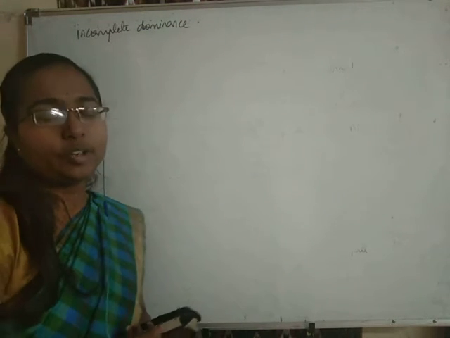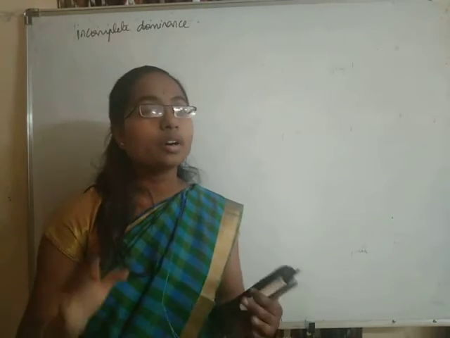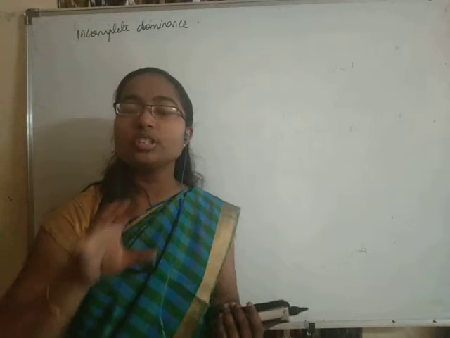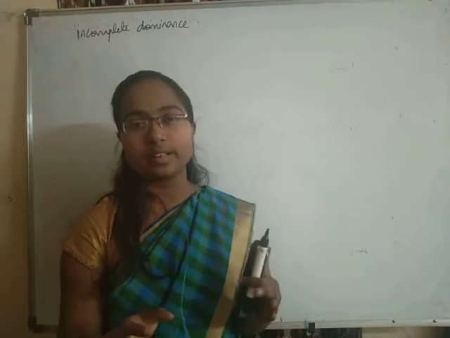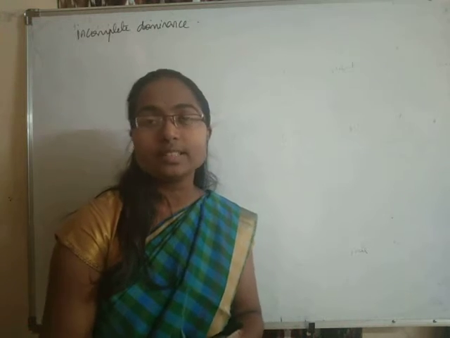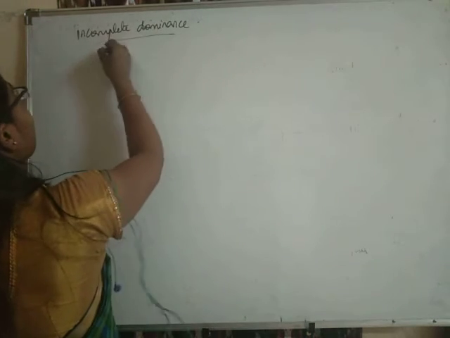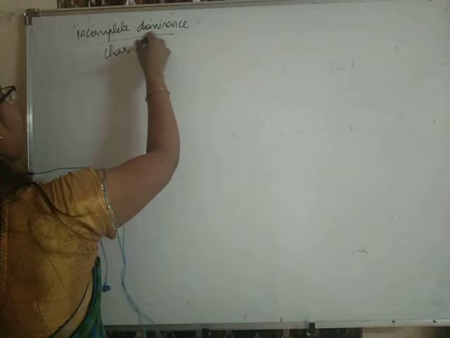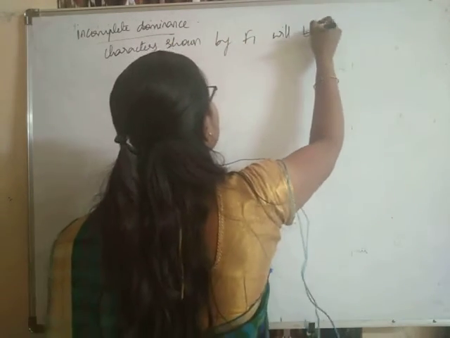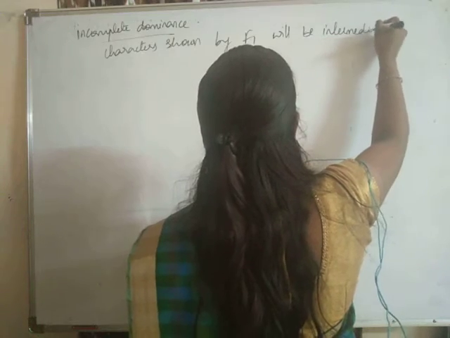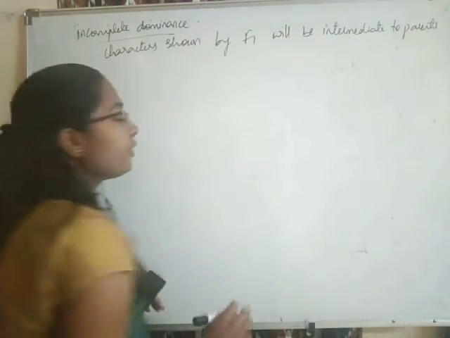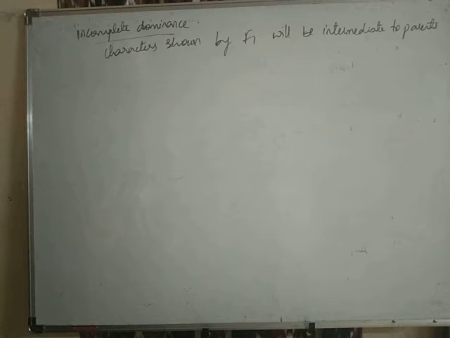Incomplete dominance is where the character of either parent is not found in the F1 individuals. The F1 individuals show a character intermediate between the two parents. That is called incomplete dominance. The characters shown by the F1 individuals will be intermediate to the parents.